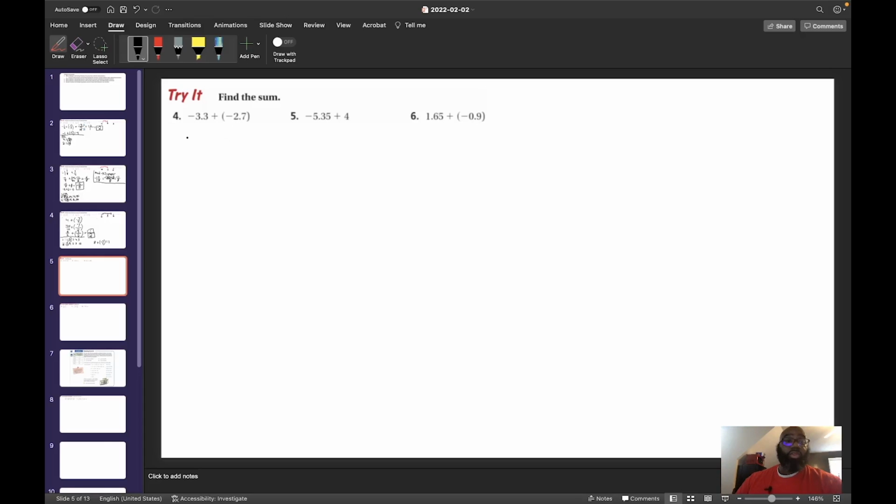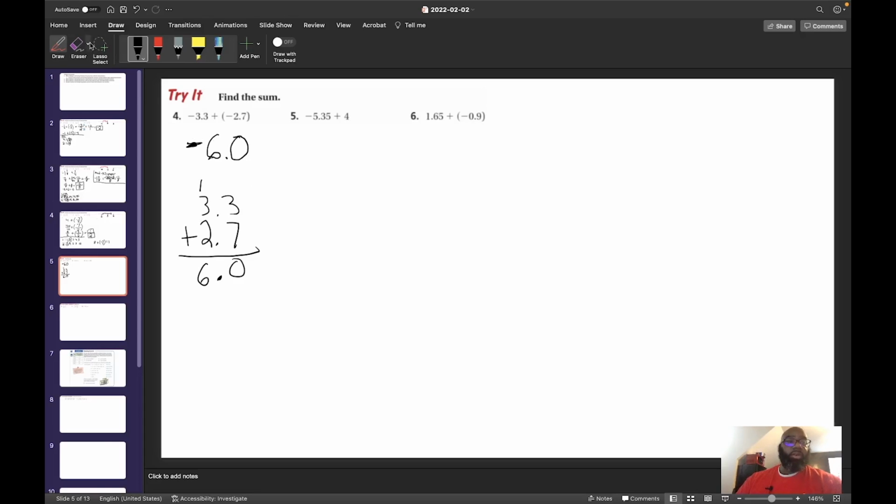We know the answer is going to be negative, and it's going to be a bigger number than 3.3 and 2.7. So let's add 3.3 plus 2.7. 7 plus 3 is 10, carry the 1. 1 plus 3 is 4. 4 plus 2 is 6. Bring that decimal down. So the answer is negative 6.0.